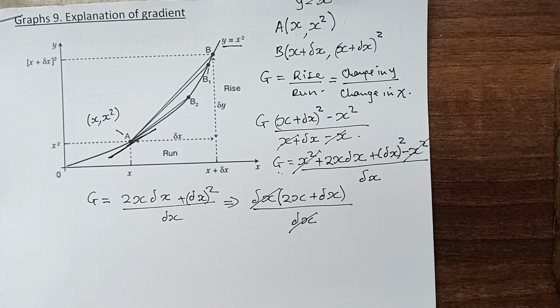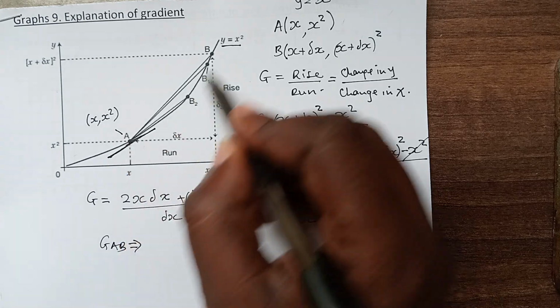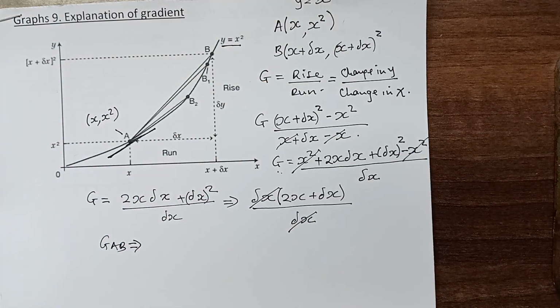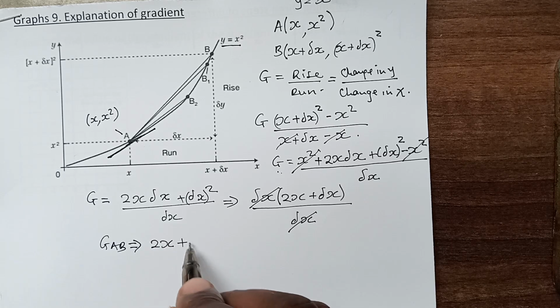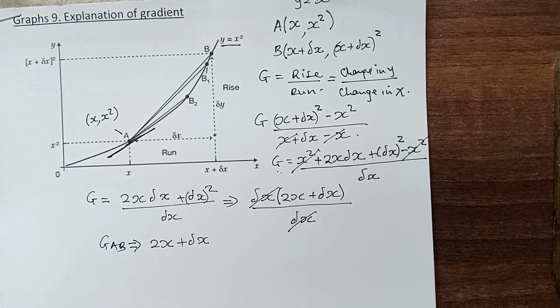Delta x and delta x cancel out, so we are having the gradient of AB. Remember, we are looking for the gradient of line segment AB, because this is how we look for the gradient of straight lines. And this one leaves us with the gradient as 2x plus delta x.